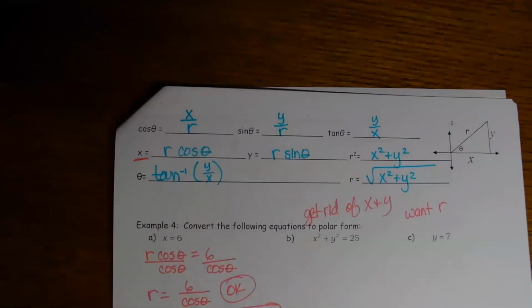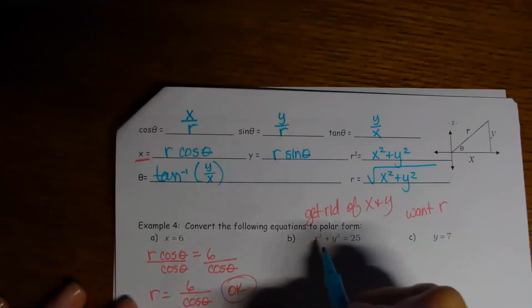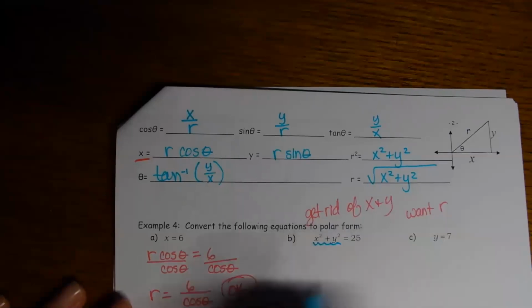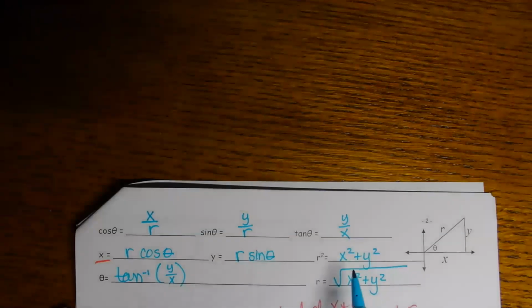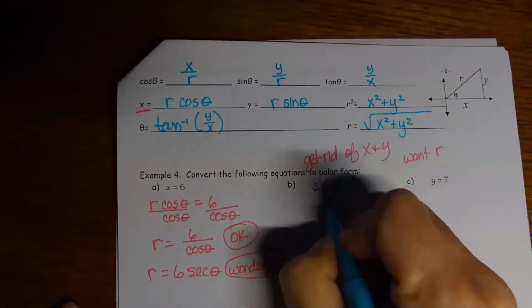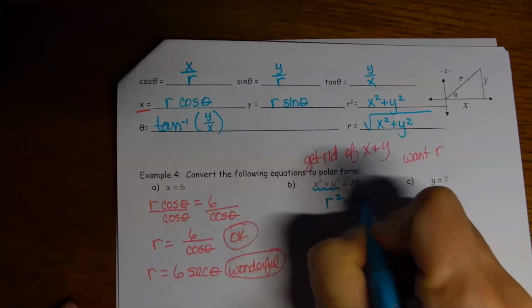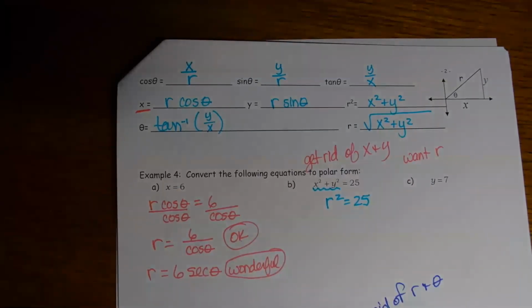Okay. X squared plus y squared. What do you recommend? What is x squared plus y squared? Do you see a sub up there? What is x squared plus y squared? R squared. Wasn't that easy?